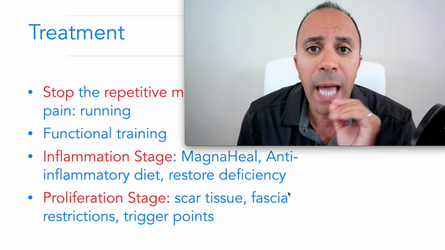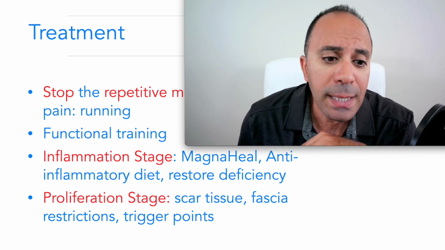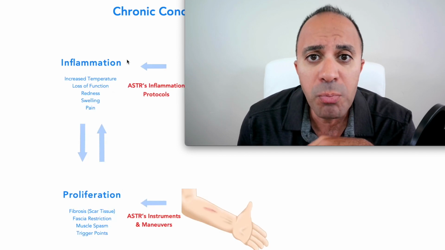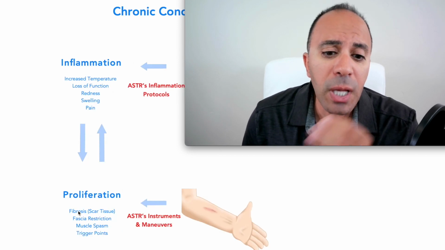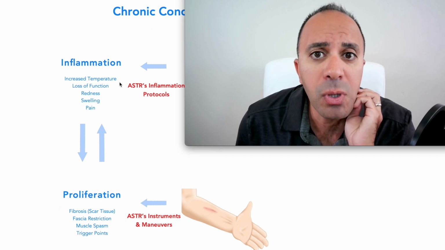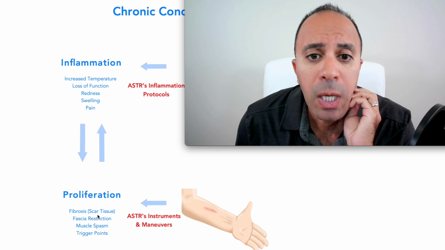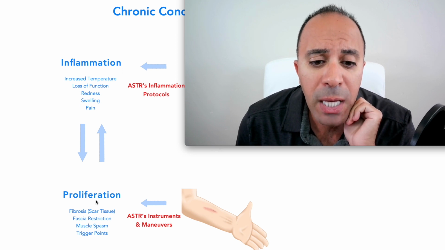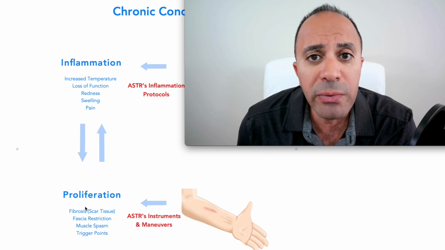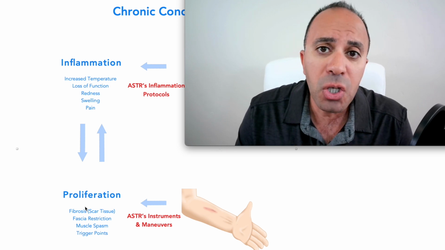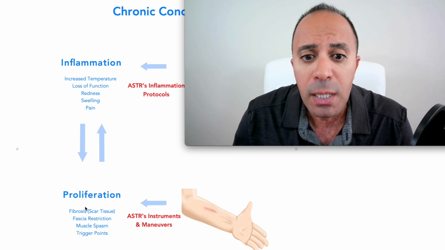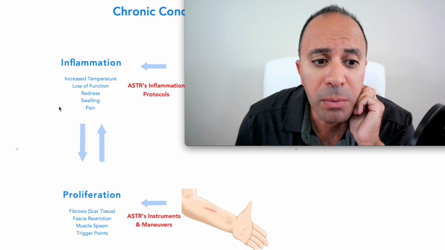If you still have an issue, that's a sign that you have moderate to severe inflammation and your body is going back and forth between the inflammation and proliferation stages. To break this cycle, you have to work on both ends at the same time. With a lot of IT band patients, most of their issue is actually related to the proliferation stage: a lot of scar tissue, a lot of fascia restriction, a lot of muscle tightness and trigger points, and they might have some inflammation.